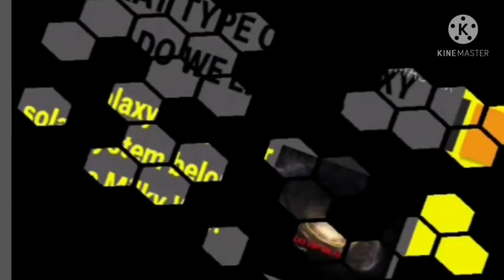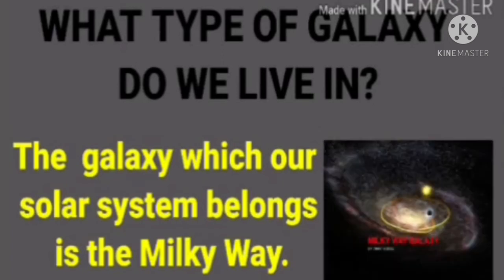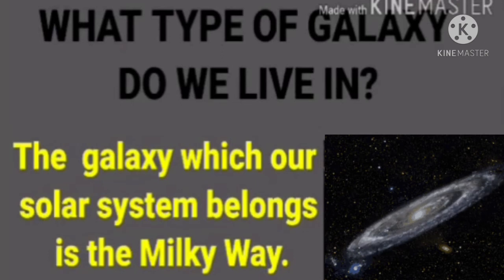Now, what type of galaxy do we live in? The galaxy which our solar system belongs to is the Milky Way. Let me put it this way. The solar system is part of a bigger galaxy called the Milky Way, just like a neighborhood might be part of a bigger city.